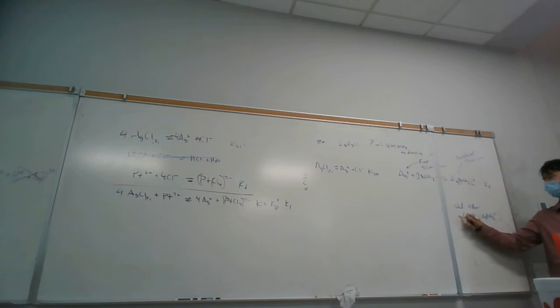That's the total silver. And oftentimes the total silver is equal to the solubility. If I want to know how much silver dissolved, then I have to sum up these two. That tells me the solubility, so I have to add these up.